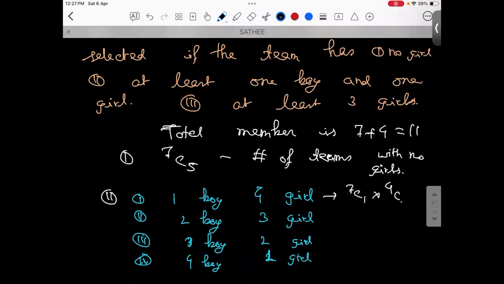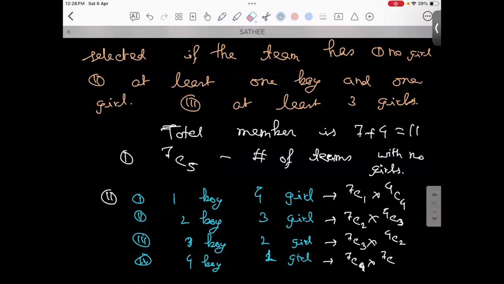Second case, we have this many choices of boys, and for each choice, we have this many choices for girls. For third case, the same. And for the fourth case, we have this many choices for boys, and for each case, we have this many choices for girls, 4C1.